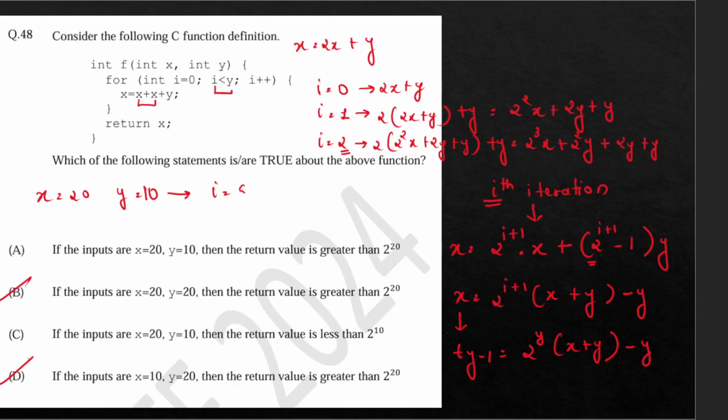So I we have to take as 9, right everyone? So how will the equation be now? X equals 2 to the power 10 into x plus, like this you can make. So for the second, 2 to the power 20, this one you can just follow up.